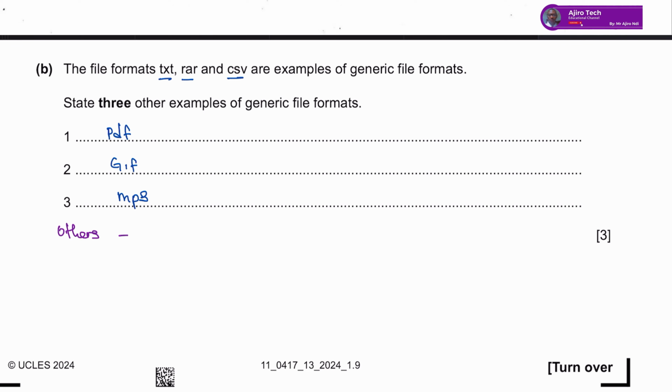So we have RTF, we have JPG, we have PNG, we have MP4, we have CSS, we have HTML, we have zip. I think that covers everything here.